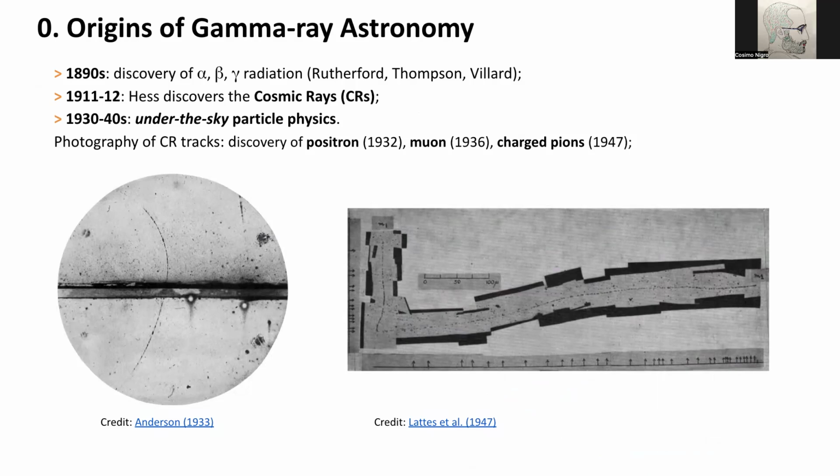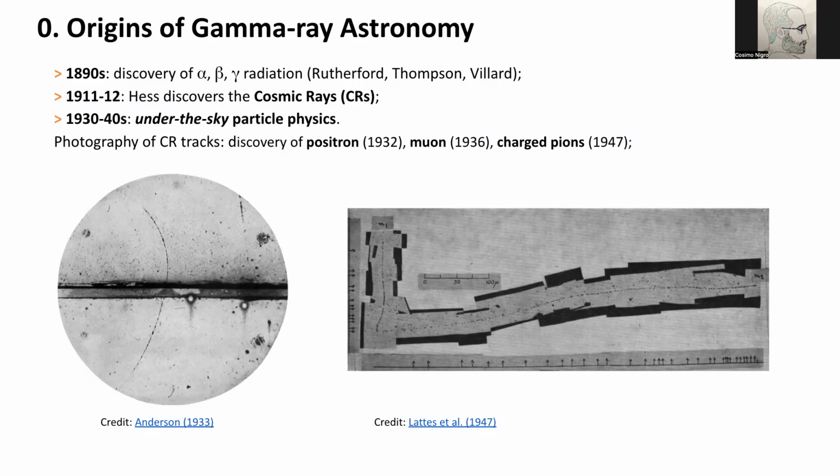And basically, these charged particles produced from the universe are the beginning of particle physics, what I call under the sky particle physics, because all the particles that are discovered in the 30s and the 40s, the positron by Anderson, the muon by Anderson and Neddermeyer, the charged pions by Lattes, are basically discovered by exposing a particle detector, which can be a cloud chamber or a stack of nuclear emulsion, to the sky, then observing the particles that have interacted in your detector.